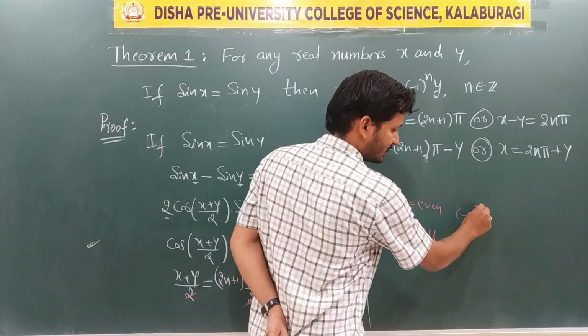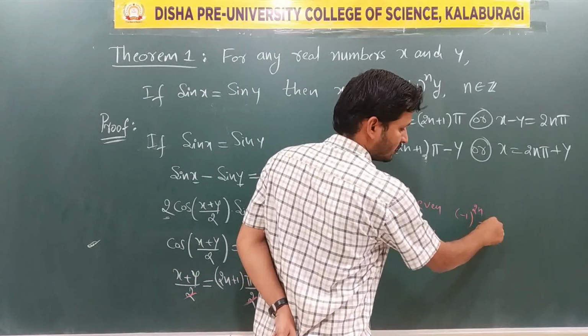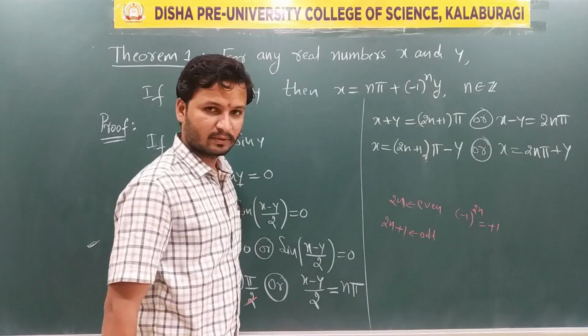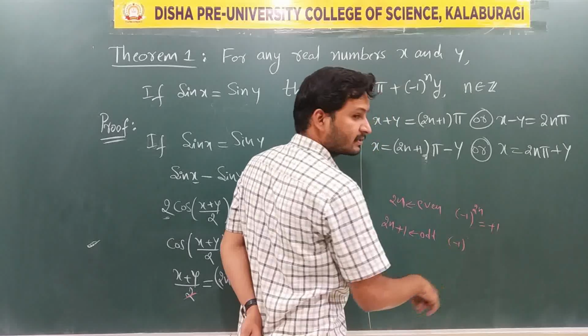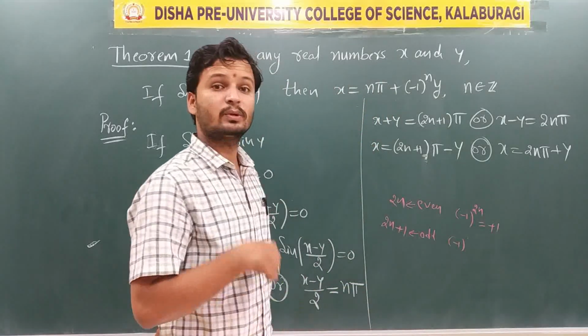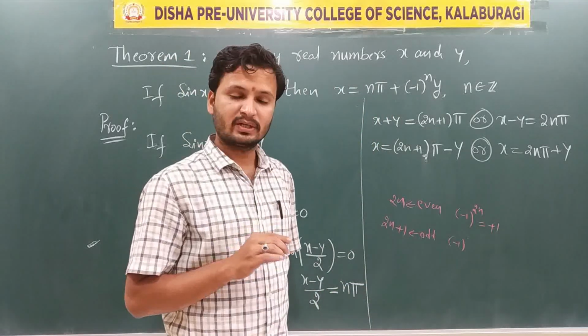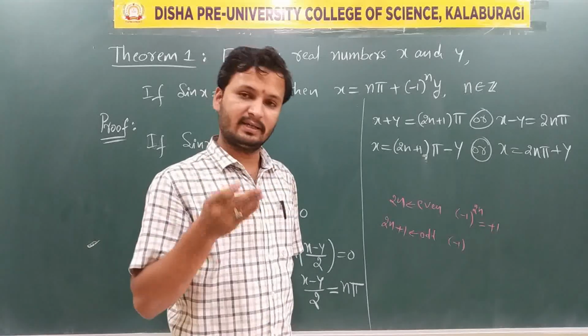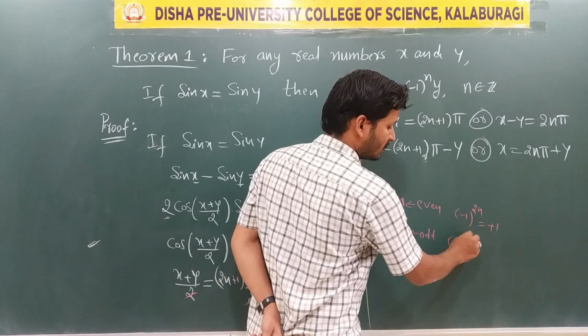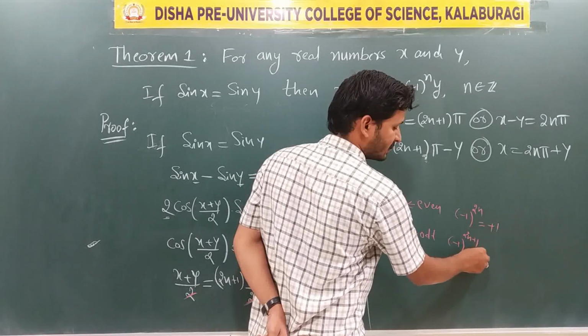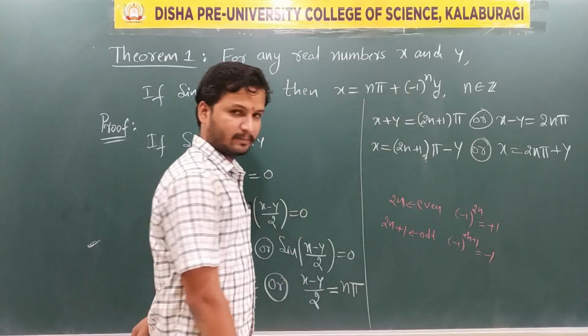So in general, minus 1 to the power 2n equals plus 1. Minus 1 to the power 1 is minus 1, minus 1 to the power 3 is minus 1, minus 1 to the power 5 is again minus 1. So in general, minus 1 to the power of an odd number, 2n plus 1, equals minus 1.